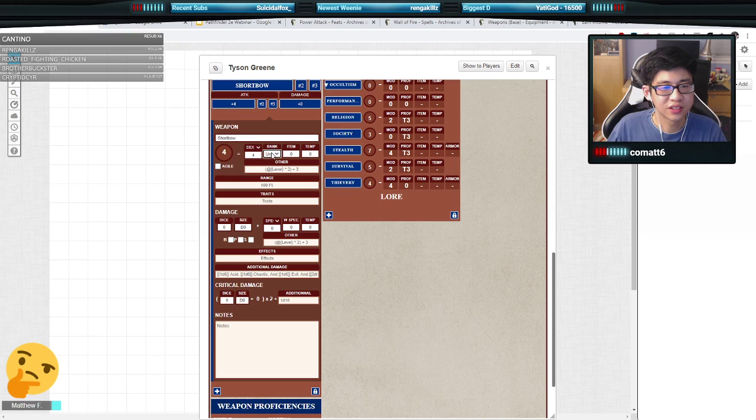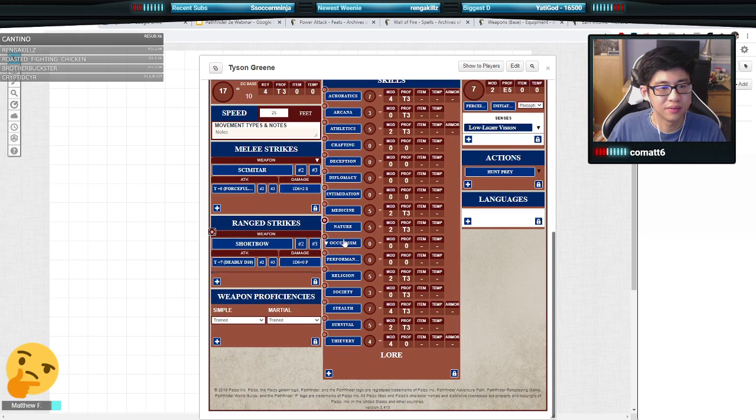It uses his dex. He's trained in it. It's not agile. The range is 60 feet. Traits are, I think, just deadly d10. So 1d6 piercing damage, and then an additional 1d10 because it's deadly. I'm really glad that they included that here. If I forgot anything, let me know.